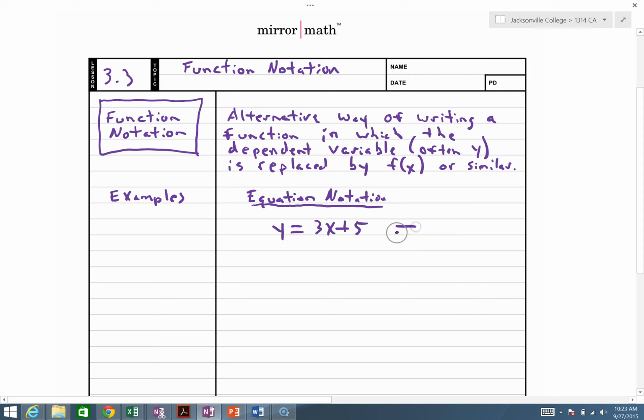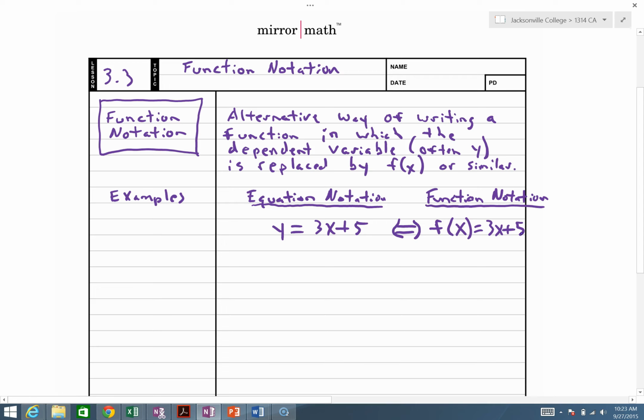Well, an analogous statement in function notation would be, I would just take this y and replace with f of x. And this f is totally arbitrary. It could have been g or h or any other symbol. It is simply what we are calling our function. This will now be referred to as the f function.